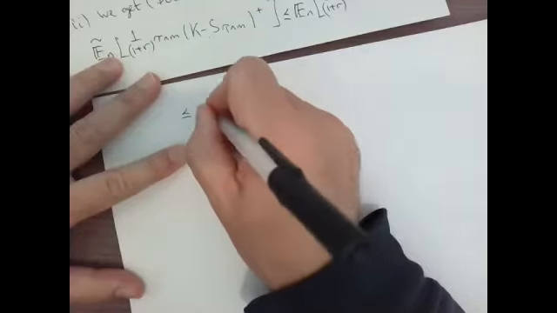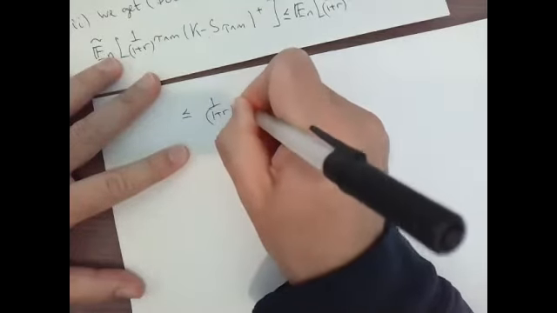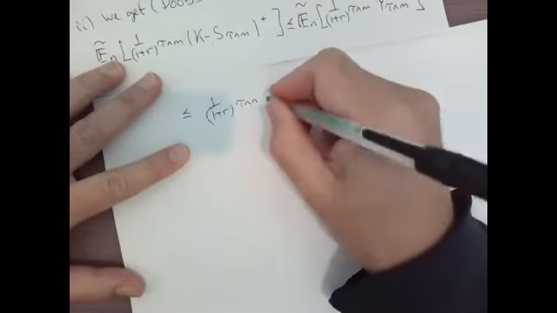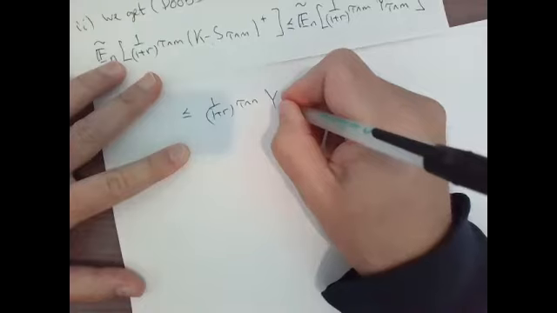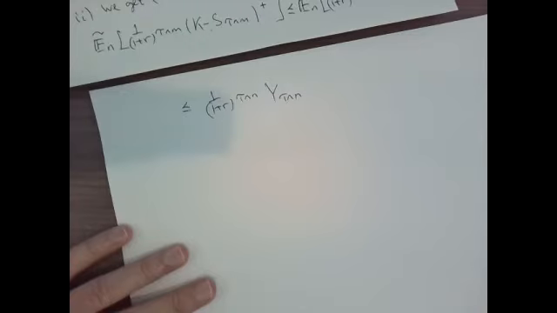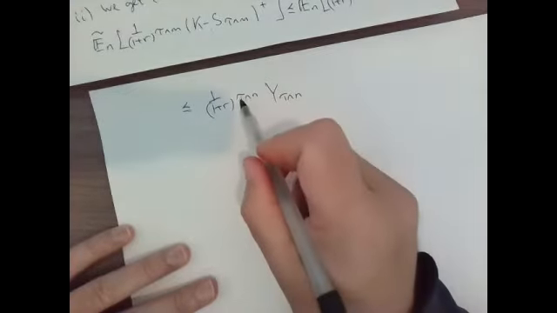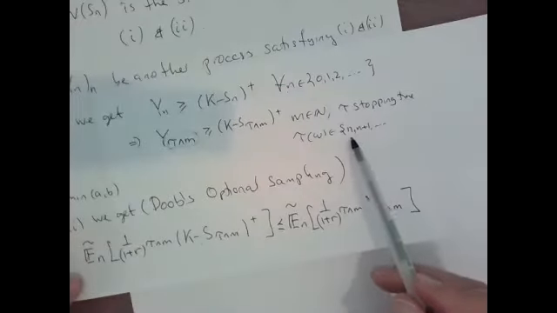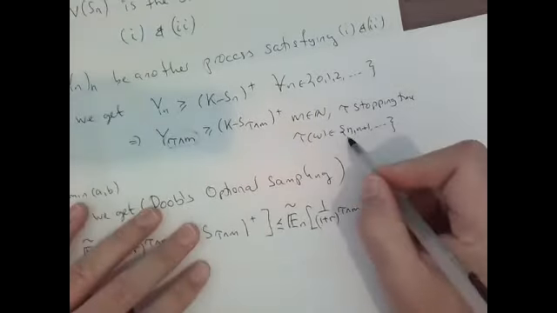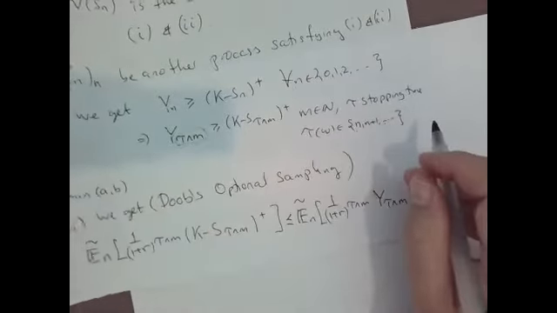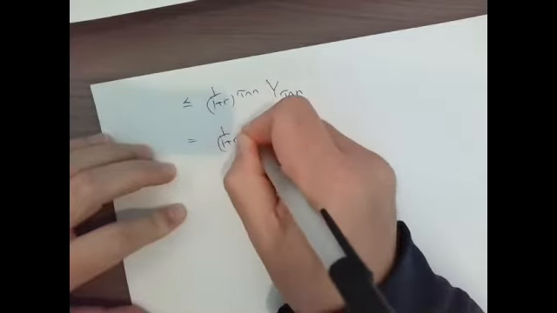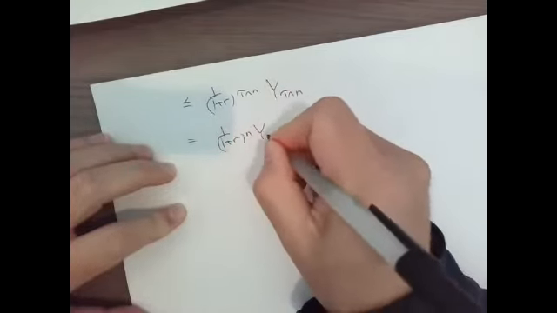We'll get 1 over 1 plus r to the tau min n times Y tau min n. And of course, tau is a stopping time that takes values at or above n. So this thing here is just 1 over 1 plus r to the power n times Y n.